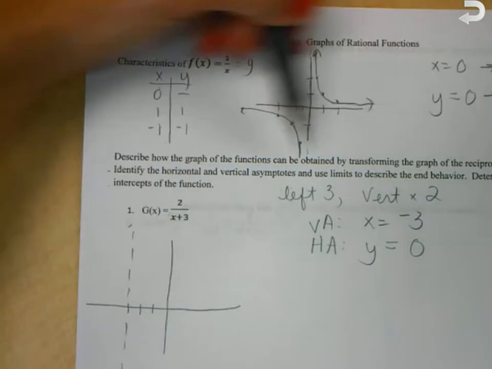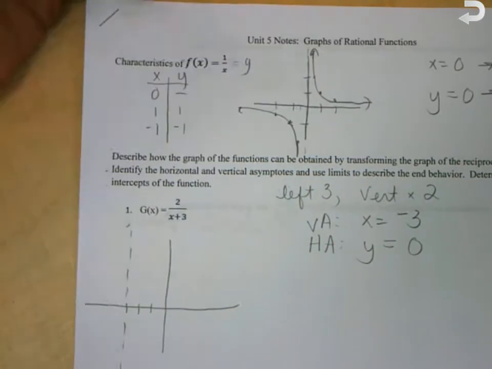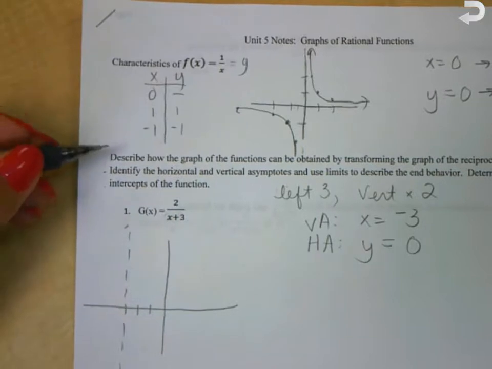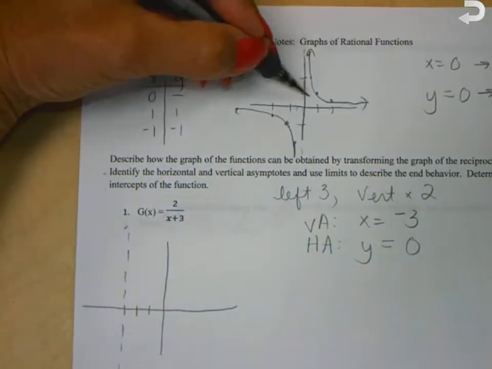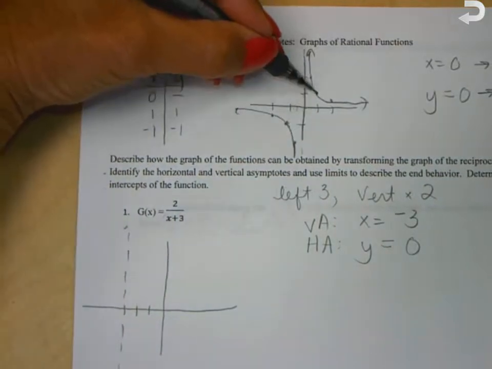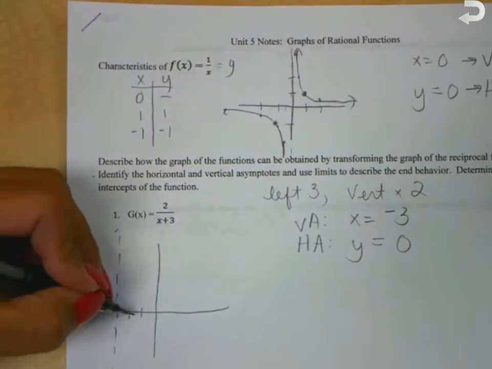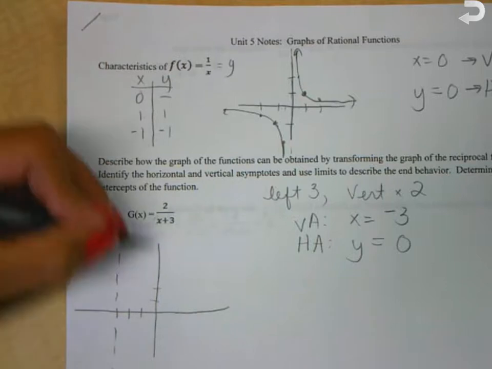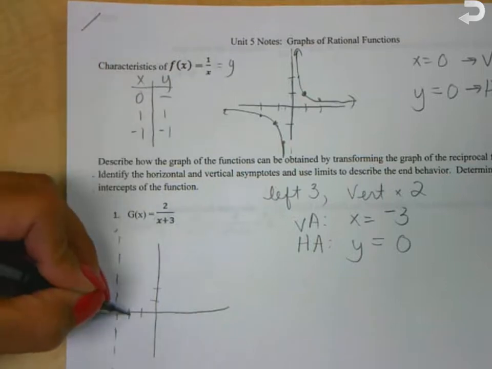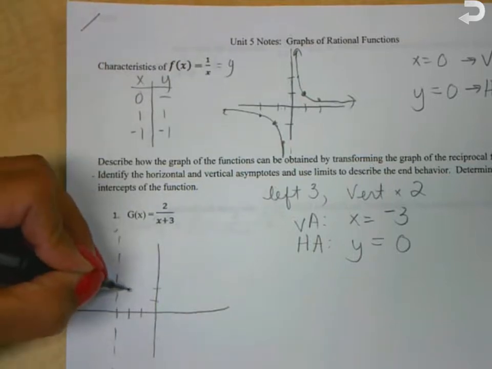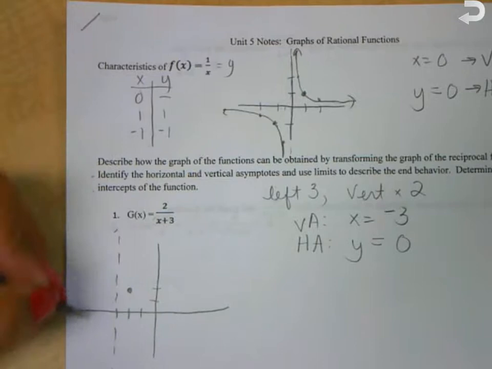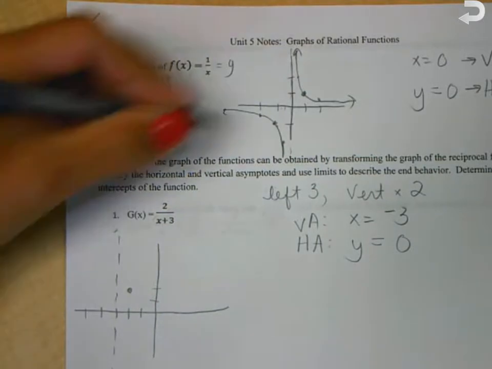So we've talked about how the graph is transformed. We've identified the horizontal and vertical asymptotes. Now I'm going to graph the sketch of the graph. Now remember that the initial graph up here had over 1, up 1, a point on the top branch of this graph. This graph, over 1, because of it being vertically stretched, will go over 1 and actually up twice as tall, so it will be up here.